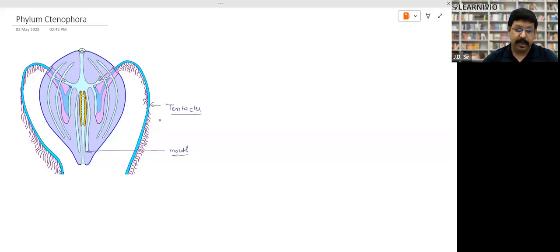And there is an anus. It means they have a complete digestive tract, a tube within tube plan, right? And these are called lateral pits.